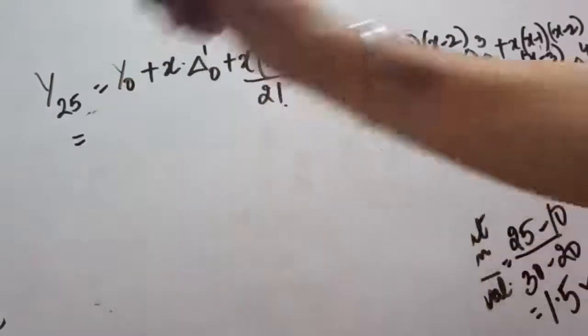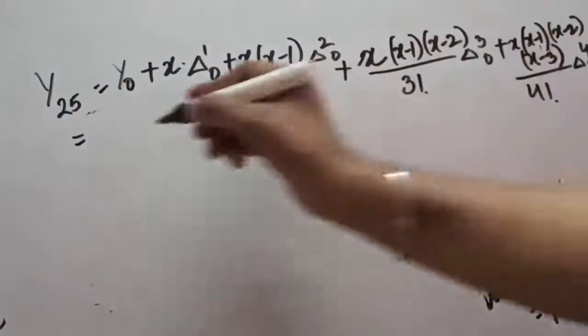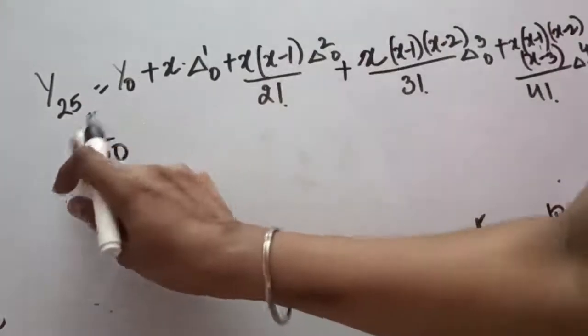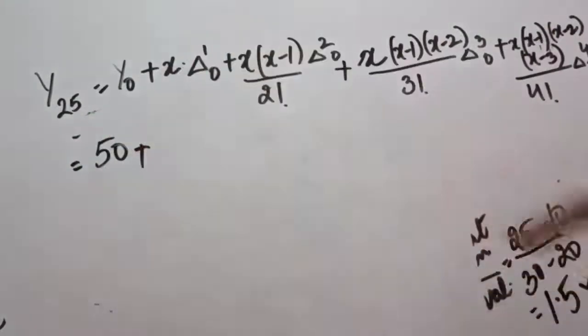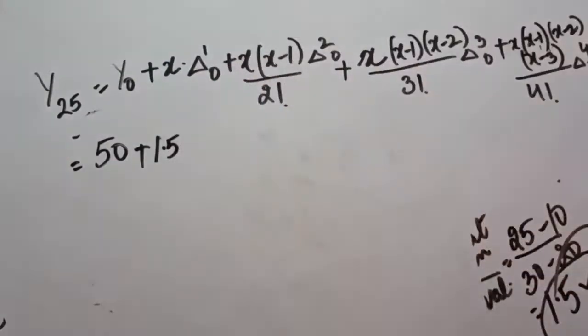Now if you look at the previous table that we just created, the value of y0 was 50 plus small x. This is the value of small x, 1.5, that we just calculated. So this is where the first formula's value will be noted down. So this is 1.5. Now from the table you can see what is the value of delta 10.